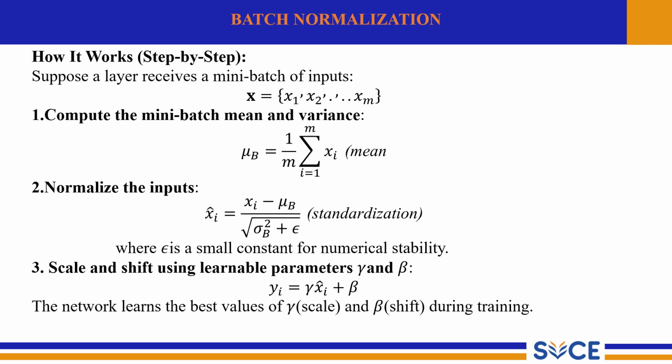During training, the network learns the best values of gamma, the scale, and beta, the shift, allowing it to restore flexibility while keeping the benefits of normalization. So, batch normalization standardizes inputs, stabilizes training, and then reintroduces flexibility through learnable parameters. This combination makes deep networks train faster, more stable, and better at generalizing.